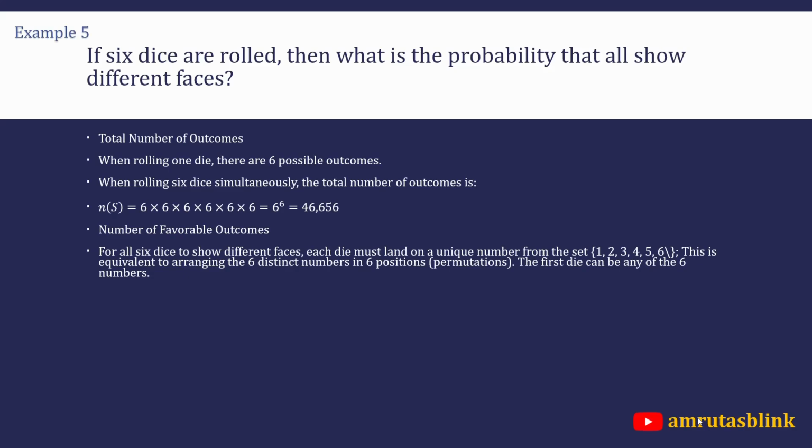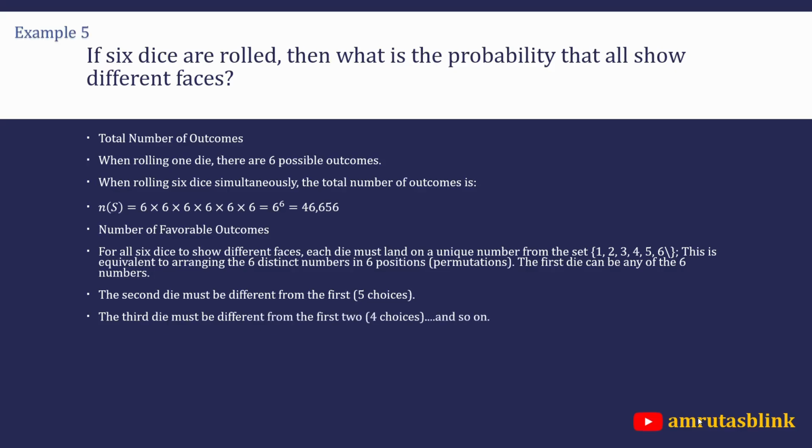So, for example, the first die can be any number out of 6 numbers, then for the second die there are only 5 different choices. So let's say on the first die we have got 1, so the second die can have 5 choices. Then the third die will have 4 choices, and so on.